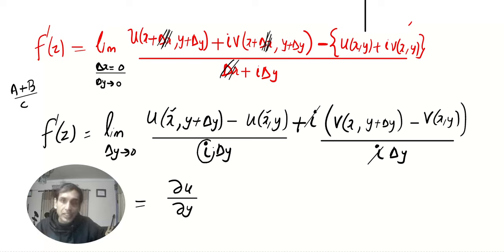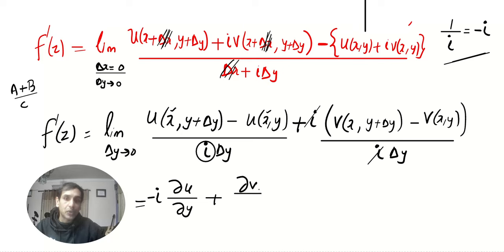Oh, by the way, can you see there is a 1 by i. 1 by i, when you simplify, becomes minus i. What is 1 by i? Minus i. So I can replace this 1 by i with minus i, and here i got cancelled, and I will get the partial derivative of v with respect to y.